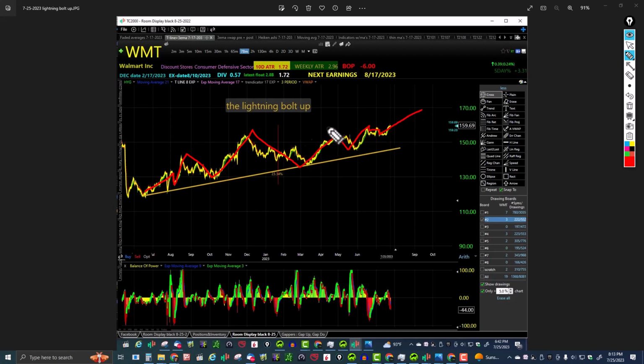That's what I call the lightning bolt up. So as it keeps making higher lows and higher highs, for me, that's a sign to stay bullish with the stock. Now, every time it pulls back to this trend line here, I take my arrows here.